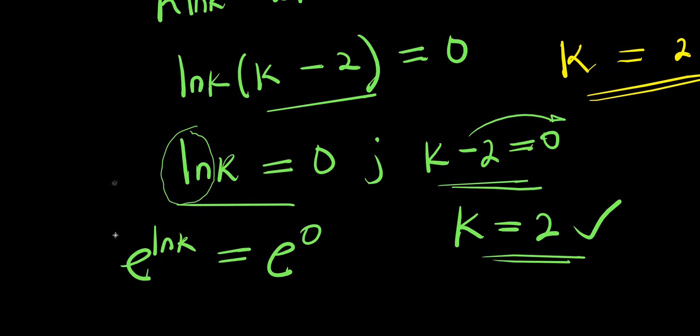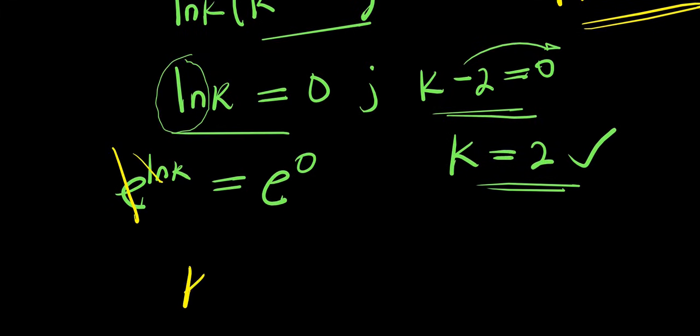So from here, the e eliminates ln, so what I'm going to have is k equals e power 0, and e to the power of 0 is 1. So the other solution that we have gotten here is 1. Now, this is it. We have 1 and 2.